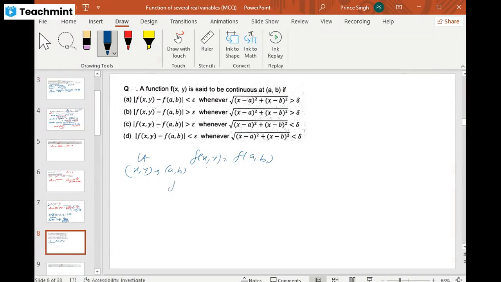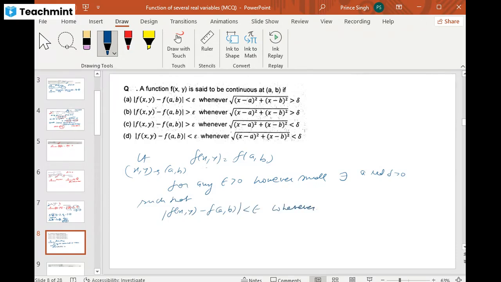Means for any given epsilon greater than 0, however small, there exists a real number delta greater than 0 such that the difference of these two numbers is very small, less than epsilon, whenever we choose a point in the neighborhood of the point (a, b).